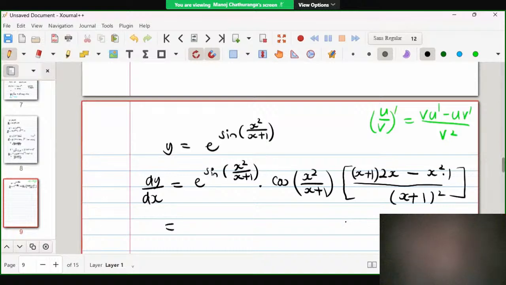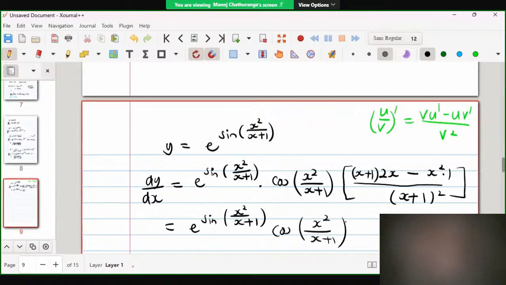Once we simplify, it is either sine x squared plus x squared over x plus 1 cosine x squared over x plus 1.